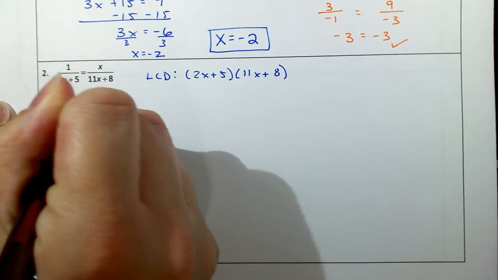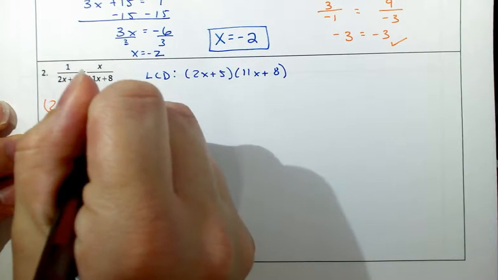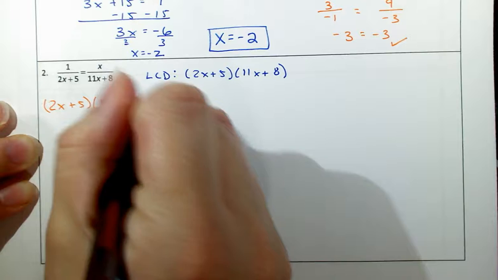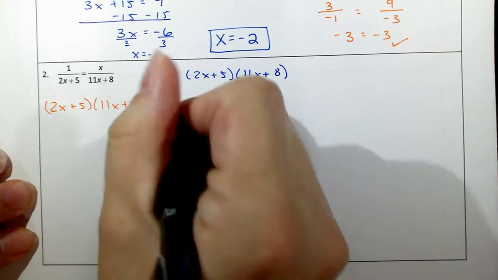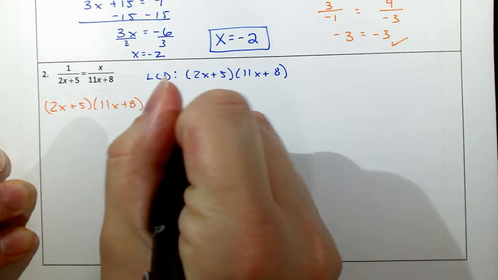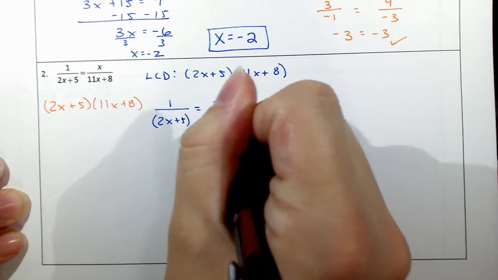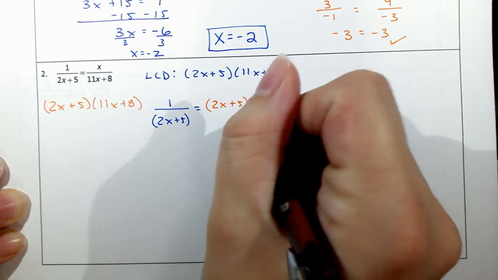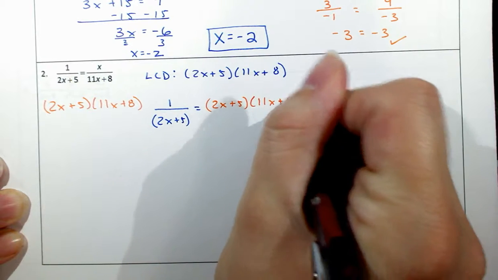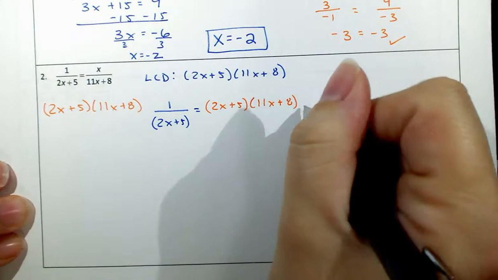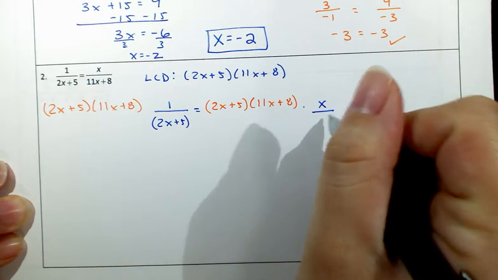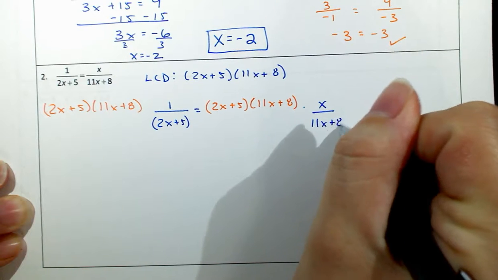So 2x plus 5 times 11x plus 8, and that's going to be times that 1 over 2x plus 5. Okay, and then that's going to equal, same thing here, 2x plus 5 times 11x plus 8, and that's going to be times that x over 11x plus 8.